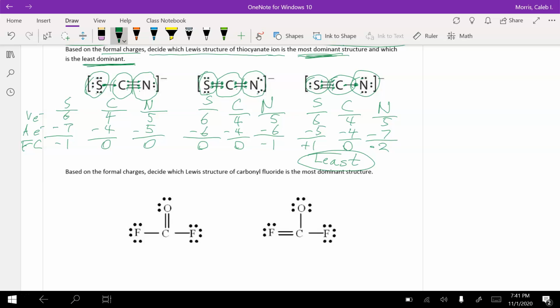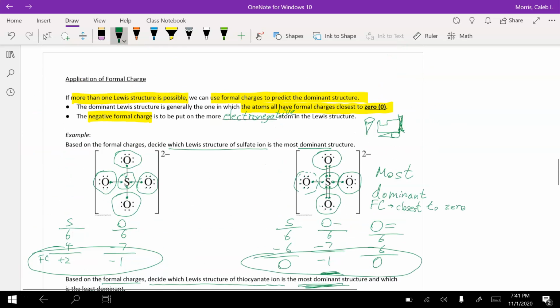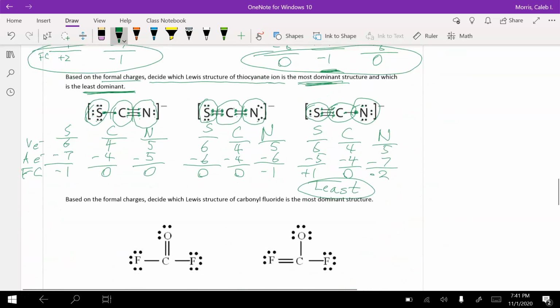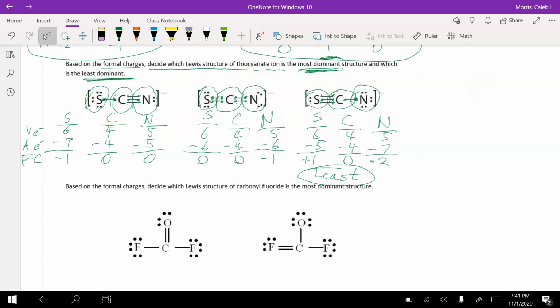So now, how do we decide which is most dominant? Well, if we go back to our notes, if there's a tie, the negative formal charge is to be put on the more electronegative atom in the Lewis structure. That would give us the most favorable or the most dominant structure. So we just need to decide what's the most electronegative, nitrogen or sulfur. And we could look at the periodic table for this. You would find that nitrogen is in that top row.